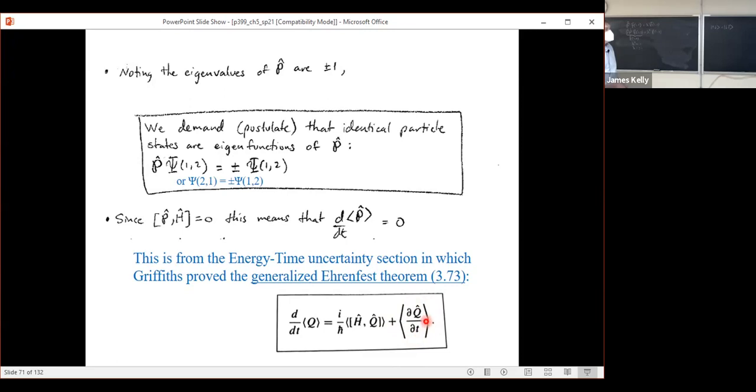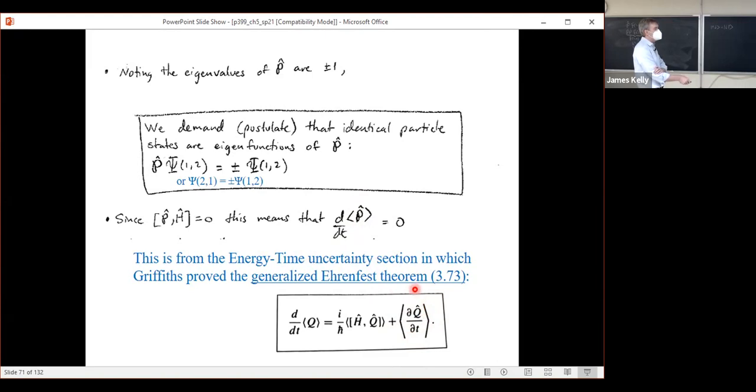And all the operators we've ever dealt with in this course have been independent of time. Now, the one exception would be our Hamiltonian could actually have explicit time dependence in it. In other words, it depends on the variable t when you write it out explicitly in terms of its variables. But the momentum operator doesn't explicitly depend on t. It's the same at every time. And it's the same way with this exchange operator.